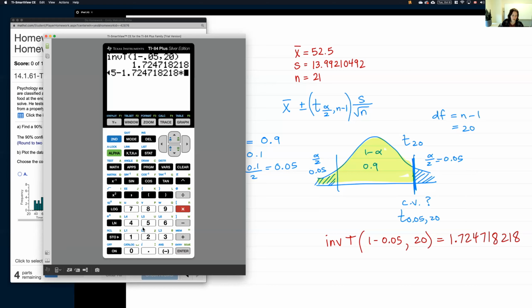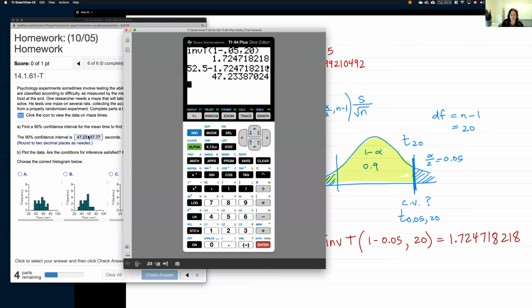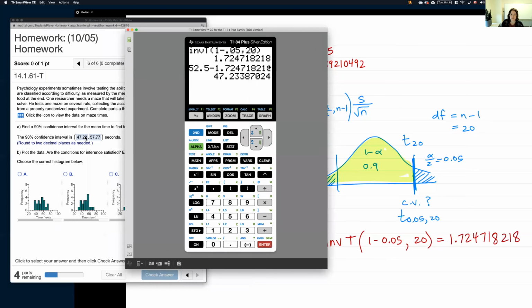So I'm going to type that all in, 13.992104992, divided by the square root of n. In this case, it's second square root of 21. Okay. And when I press enter, that's going to give me the lower bound, so 47.23 if I round to 2 decimal places. That's the same thing that I got when I did it in R.